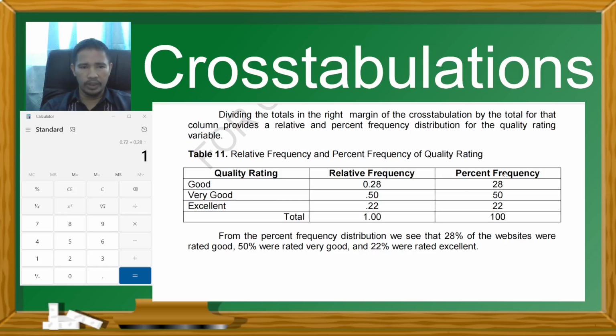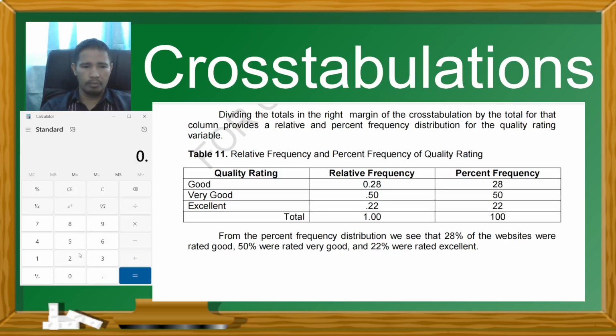To get the percent frequency, you multiply 0.28 by 100, because it's a percent. So that's 28.